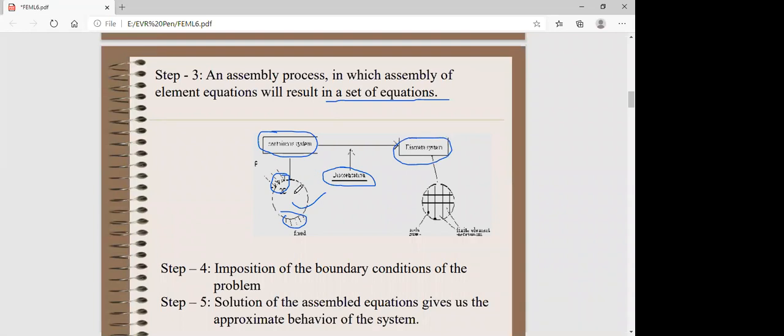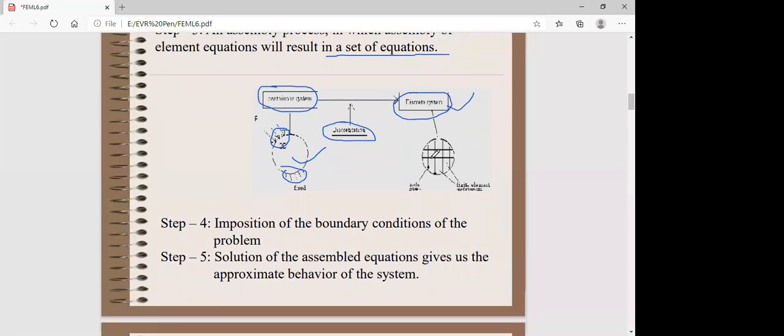After dividing the entire problem domain into finite elements, that system will be a discrete system. In this discrete system, these are the elements. This system has quadrilateral elements and triangle elements.